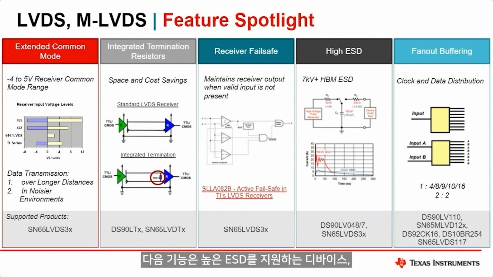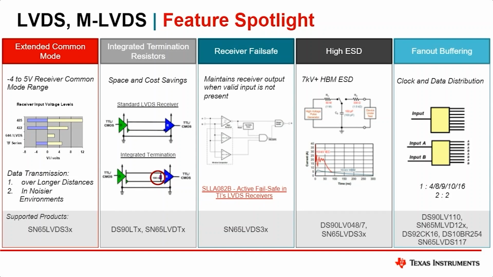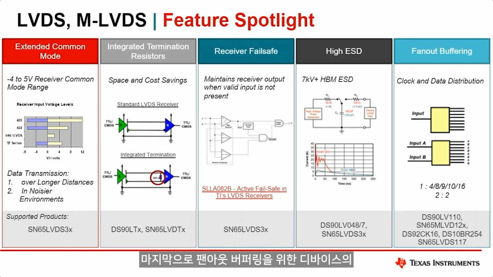The next feature is we have devices that support high ESD, so 7 kV plus HBM. And lastly, special feature products for fan-out buffering. So these devices have an LVDS input and are used to fan out to multiple LVDS outputs. So this could be in the form of a single LVDS input fanned out to 4 LVDS outputs, or even up to 16.